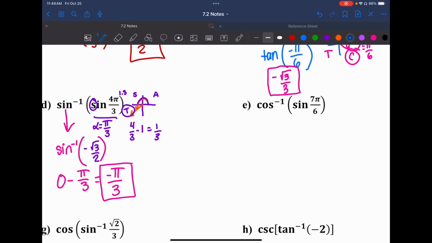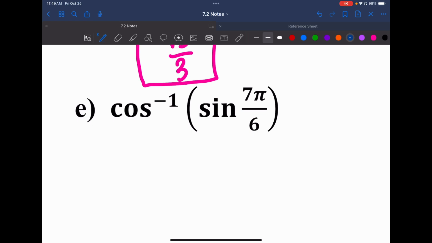All right. Same thing on this one. 7 pi over 6 is not on my trig chart. So 7/6 is 1.16 repeating, so I'm just going to put 1.2. So to graph that, here's 1 and then 0.2. So I'm going to take the 1 out. So 7/6 minus 1.